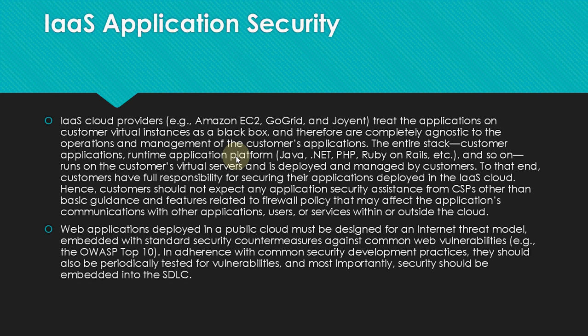His task is just to provide the storage and the processing power. He thinks of your application as a black box, means he doesn't know about your application and doesn't concern himself with it. And inside the black box, you are running your server and you are fully responsible for making your application secure.